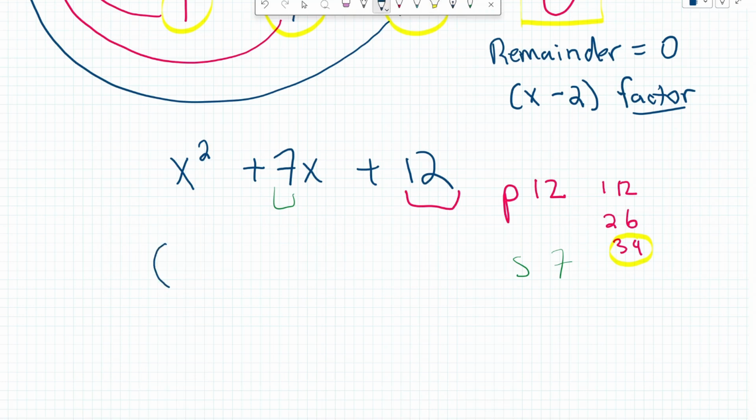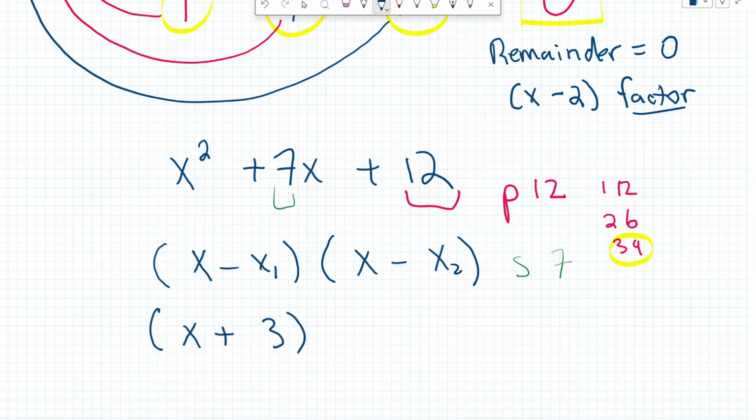Now I can set up my factored form, x minus x1 multiplied by x minus x2. Here I have the positive values 3 and 4, so I can plug that right in. So I've got x plus 3 and x plus 4.